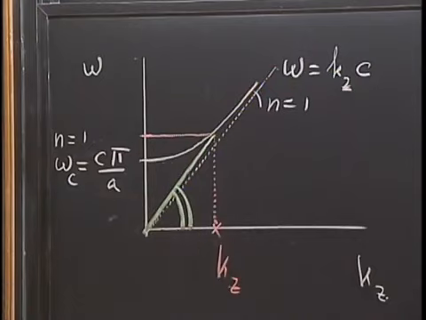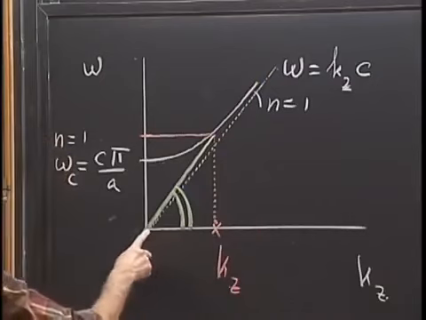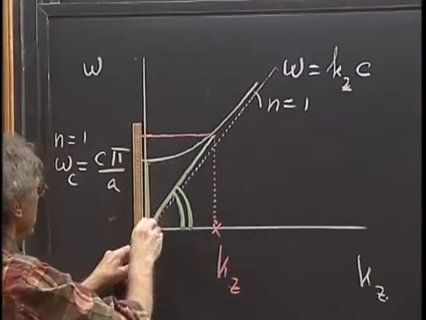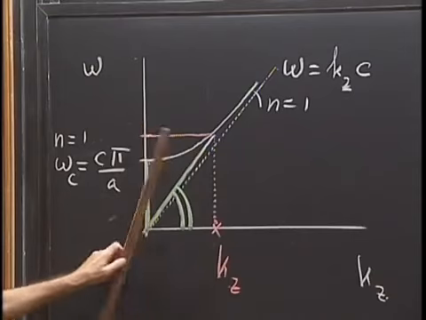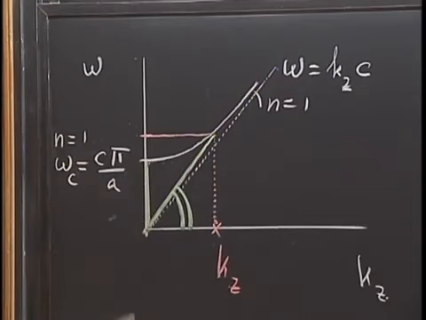Since this slope is steeper, the phase velocity is larger than c. And when you reach the situation that kz becomes 0, then you have omega divided by zero, and so when you reach this cutoff frequency, the phase velocity goes to infinity.